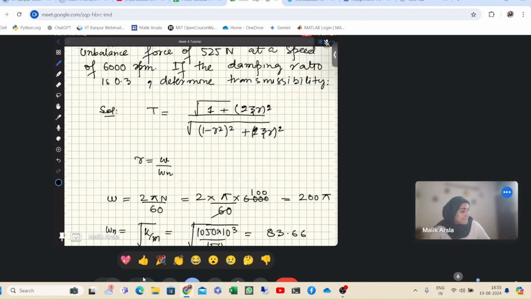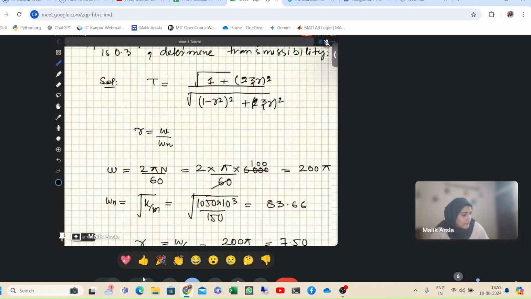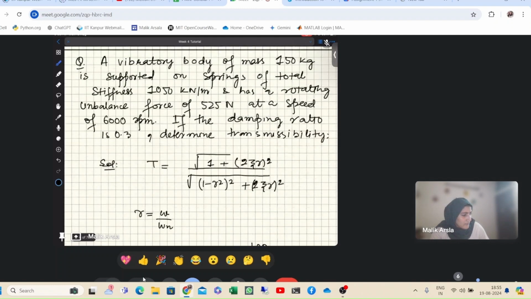Ma'am, if we extend this question, we can calculate the FT also, because I think 525 will be F0. We have calculated transmissibility, so the question can be extended to find out the transmitted force, because there is information given upon the unbalanced force. m naught E omega square is already given.